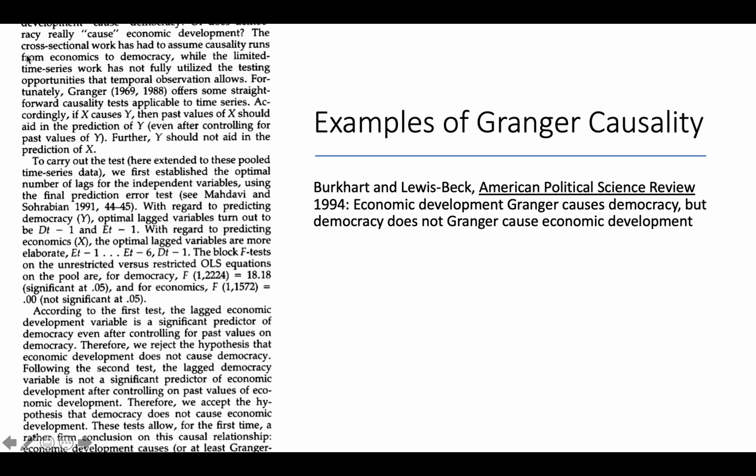And we found through this regression modeling that indeed economic development Granger-caused democracy above and beyond the previous year's score for that country on democracy. But we did not find that democracy Granger-caused economic development. So we found one-way causality taking place. Economic development Granger causes democracy in countries around the world.